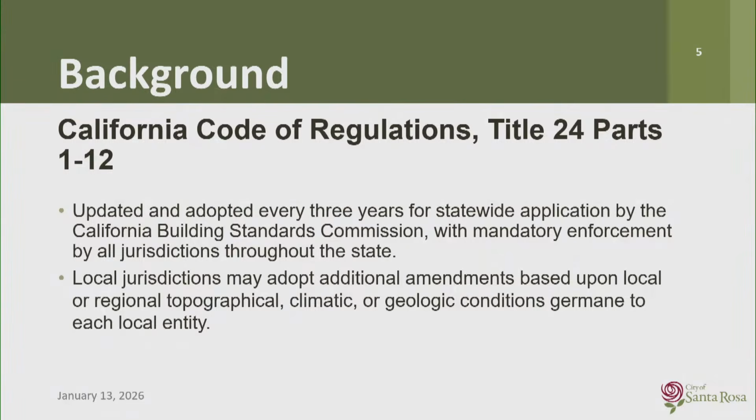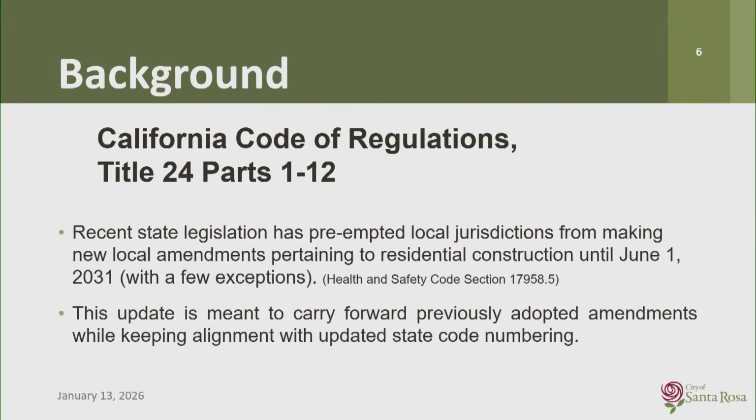But in this case, there has been some recent legislation that has preempted us from making changes for the most part. There are a few exceptions, one of which is to continue what we've previously adopted. So that's what we're doing tonight, is just renumbering all the different things that need to be renumbered in order to correctly reference the state codes.